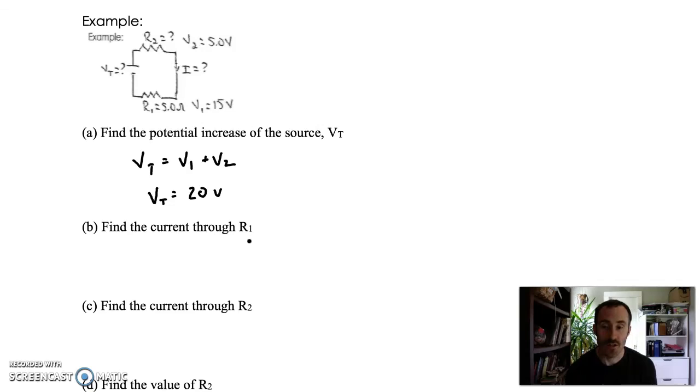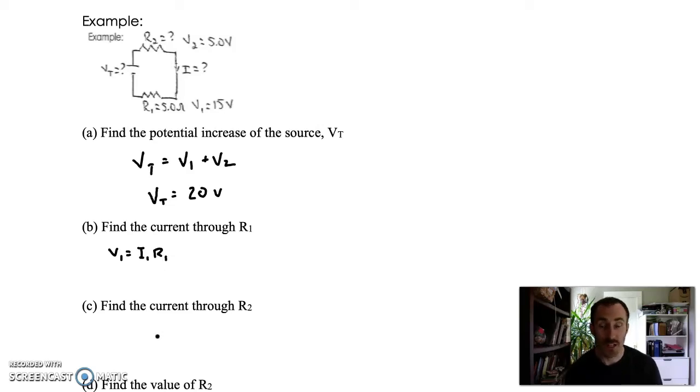Find the current through R1. R1 is over here. We don't know the current in the circuit, but because we know the resistance of R1 and the voltage of R1, we can use V equals IR. We can use Ohm's law for that particular component. So we would be using V1 equals I1 times R1.